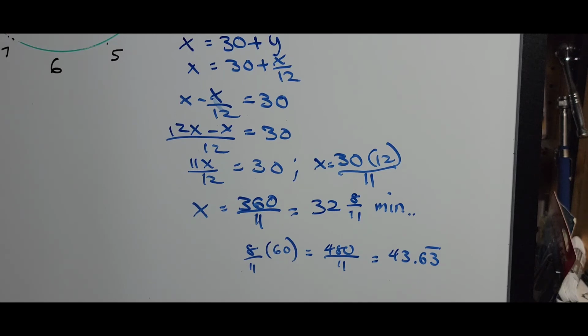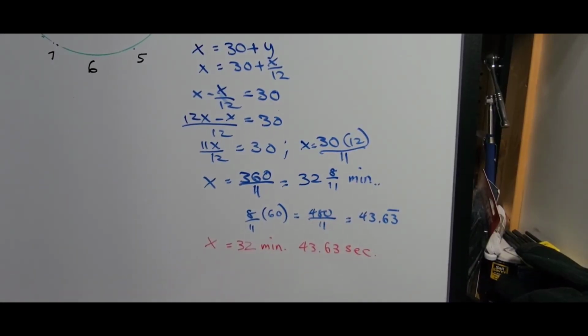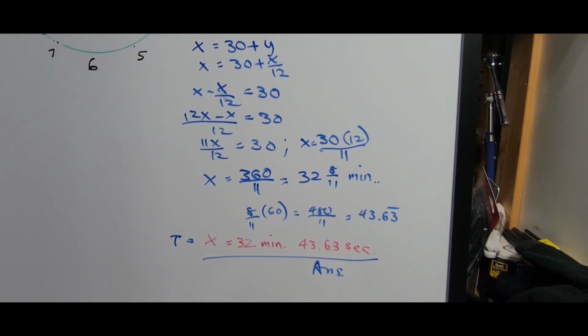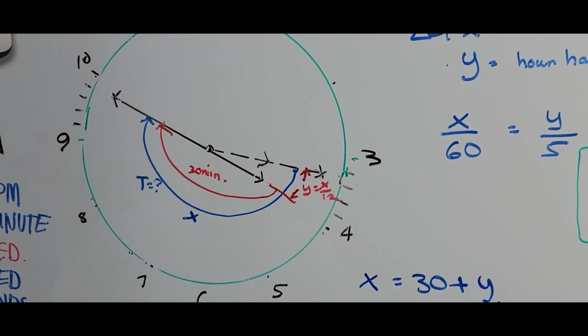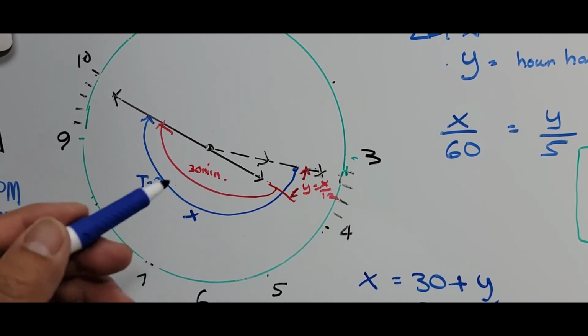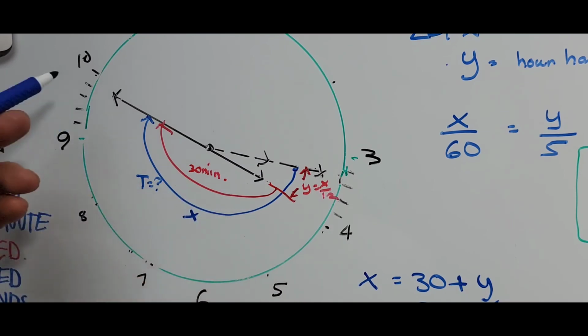So now the answer: x is equal to 32 minutes and 43.63 seconds. Since t is equal to x, that's the time, that's the answer. So if we go back to our illustration on the board, that means the answer is 32 minutes elapsed from when they're starting aligned to the time when they are on a straight line.